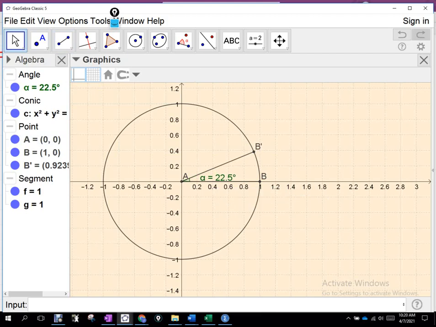Okay, so that angle right there of 22.5 degrees, when I extend the radius, it creates point B prime, right? So we just found the sine for 22.5, which would be the what coordinate for B prime? It'd be that y coordinate. Okay? So what I'm going to do, I'm going to type in y equals.